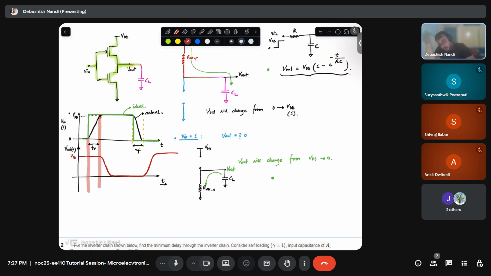Okay, so now what we will define, let's say we mark these two time points in the time axis. So this corresponds to 0.5 VDD or VDD by 2. Similarly, we'll mark the same points at the output as well.